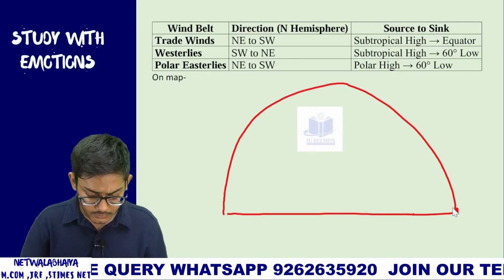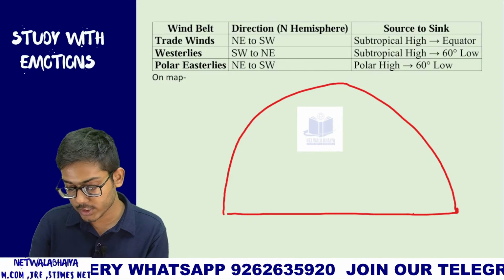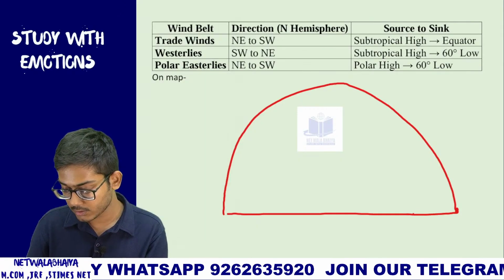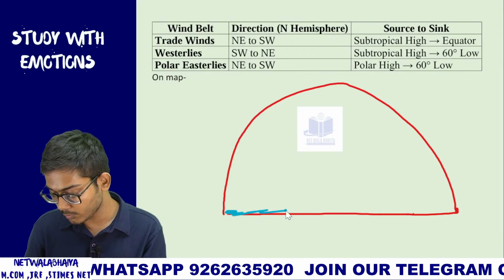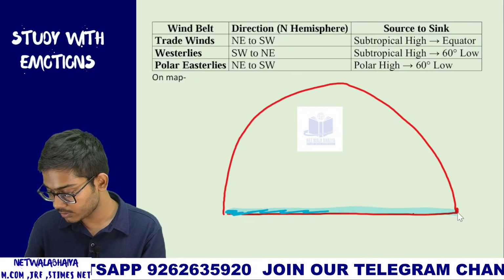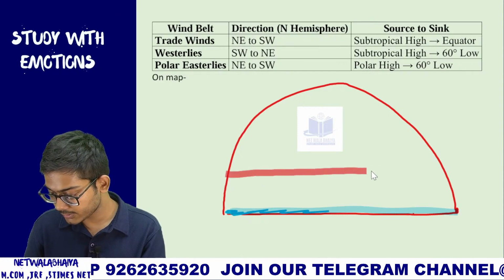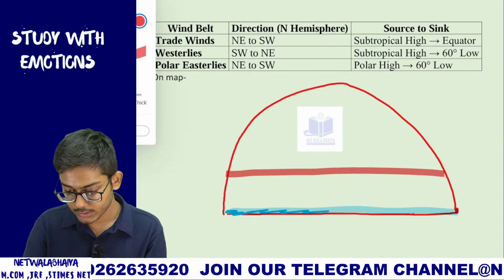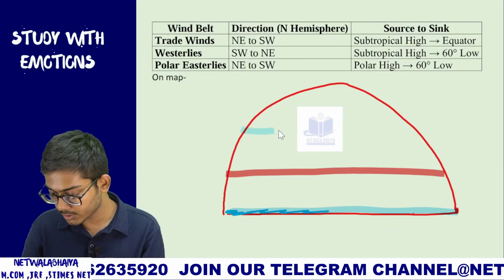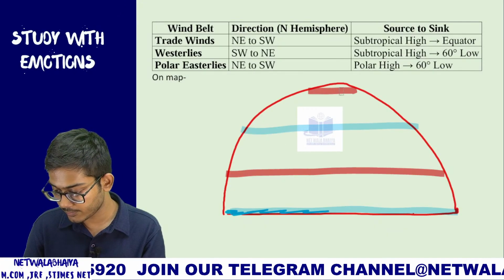Okay, so what is happening in this place is that this is your low pressure belt. Let's mark it again. This is your low pressure belt. Then this is again your high pressure belt. Then again we have a low pressure belt, and finally again we have a high pressure belt.